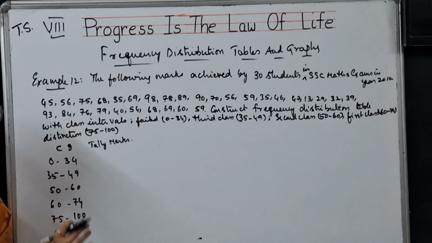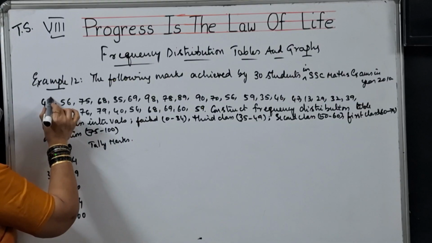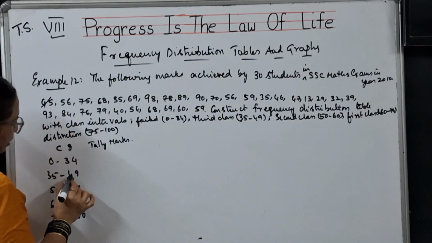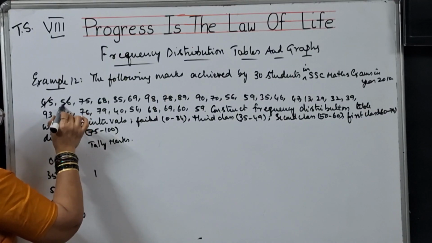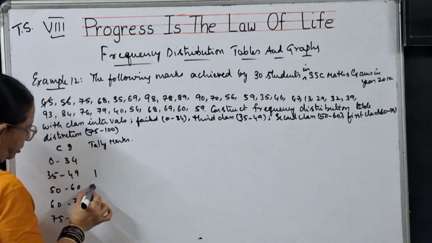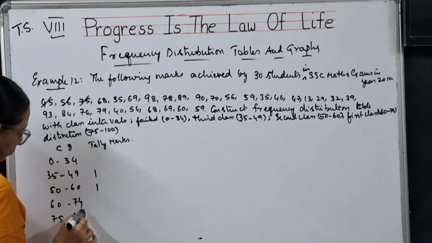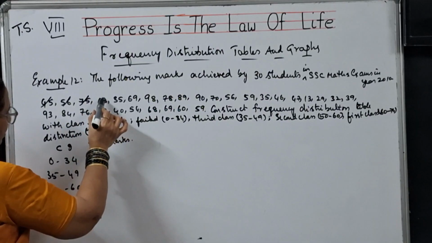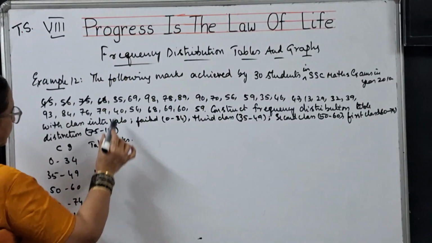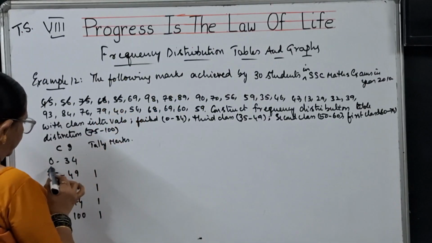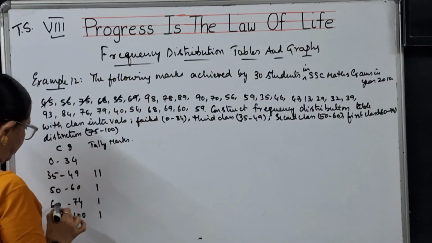The easiest way of doing it is, each number you see, first one 45, you cut it. 45 comes here, so write 1 here. Next 56, cut it, 56 will come in between these two. 75 will be here. 68 will be here. 35 will be here. 69, where is 69?